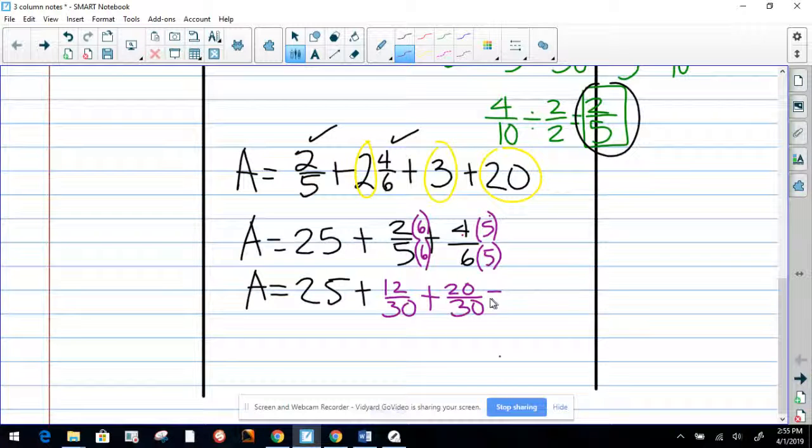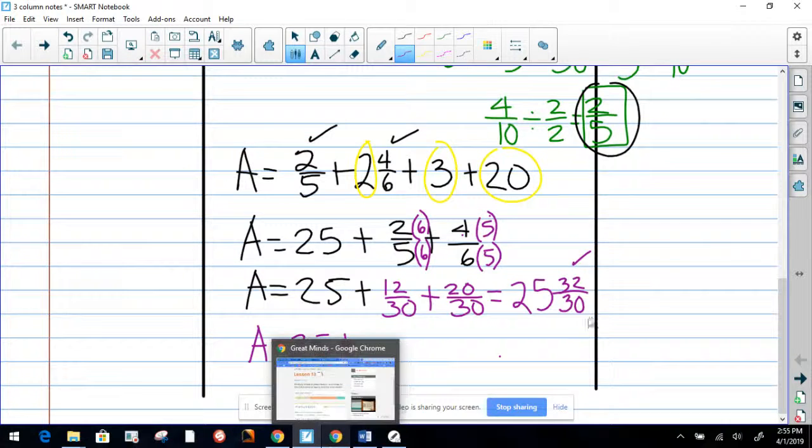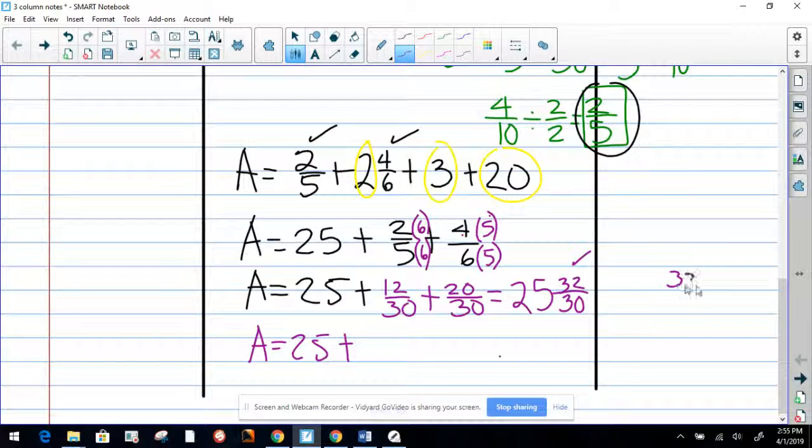So now we know that the area is going to be 25 and 20 plus 12 equals 32, over the same denominator. As you can see, this right here is an improper fraction. So we're going to break this down into 25 plus, the improper fraction says that 32 must be divided by 30 to find out how many wholes we have.